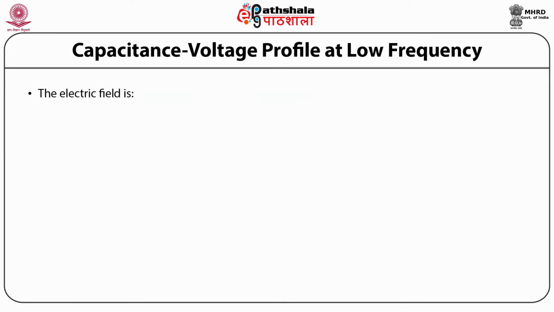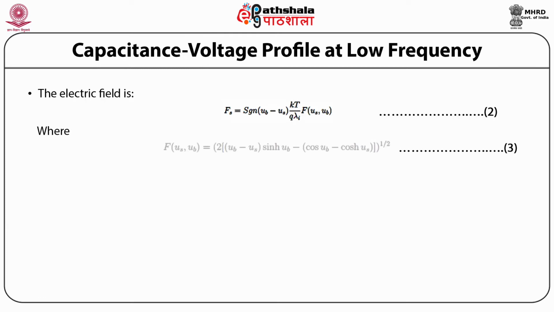The electric field is given by F(US) = sign(UB − US) × (kT/q × 1/λI) × F(US, UB), where F(US, UB) = √2 × [(UB − US) sinh(UB) − (cosh(UB) − cosh(US))].